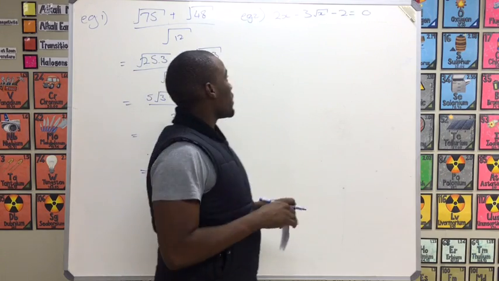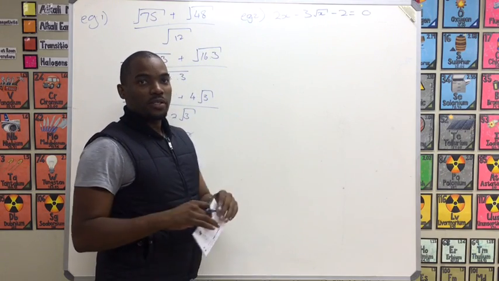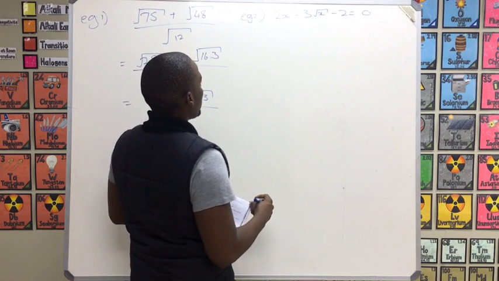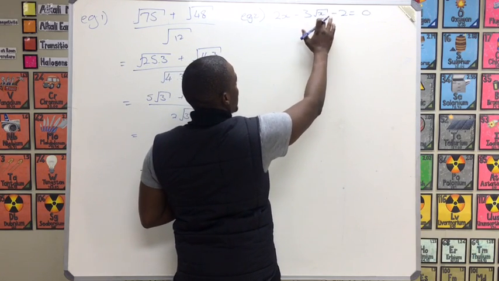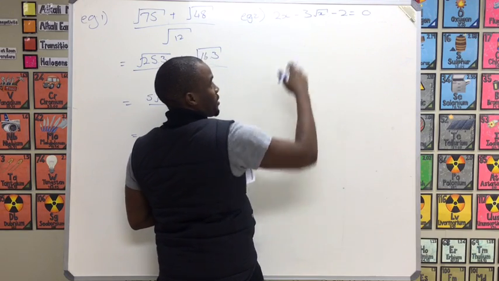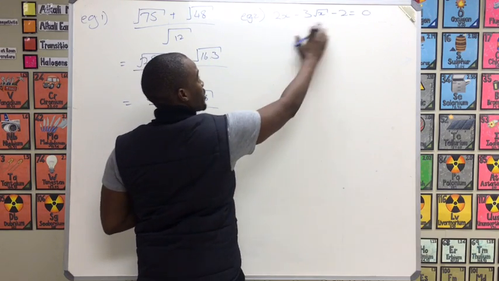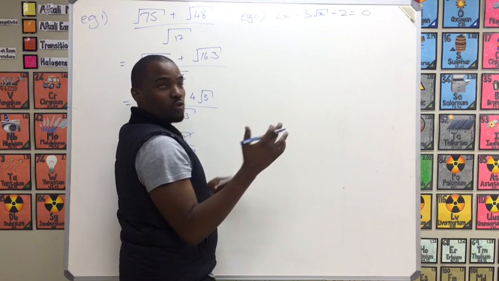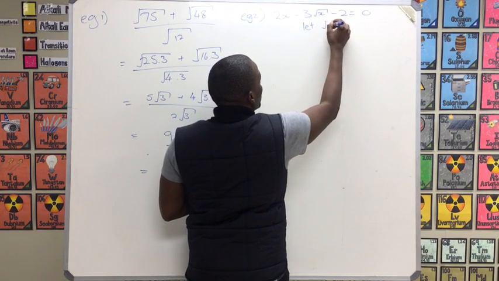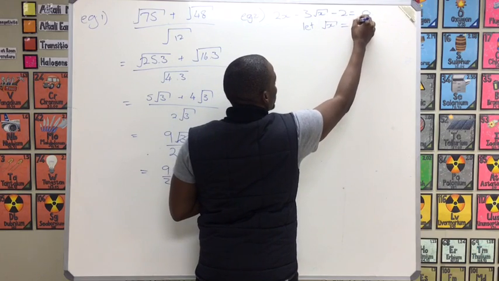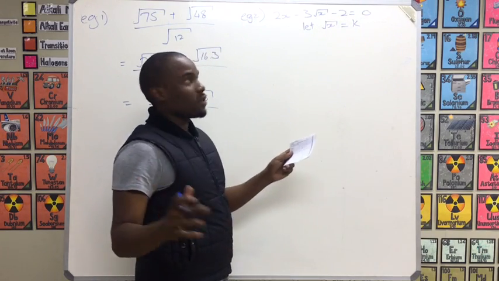But I'm going to show you a different method now, which also works similar to the K method if you ever use the K method. Note that we've got the surd of x. X is simply the surd of x squared. So this is a quadratic of the surd of x. To make it look simple, let me just say this. Let root x be equal to k as a random constant.